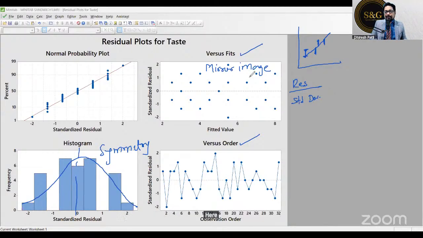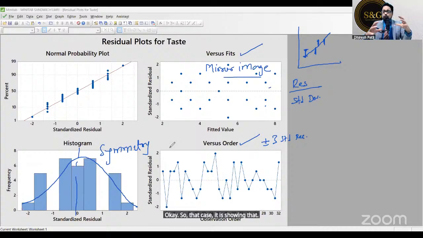Here we are getting a mirror image. If you are getting everything within plus and minus 3 standardized residuals, in that case it shows that there is no lurking variable and no bias in the experiment. So we can analyze it further.